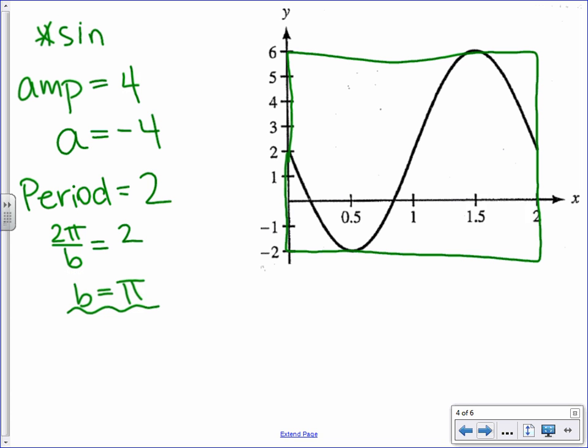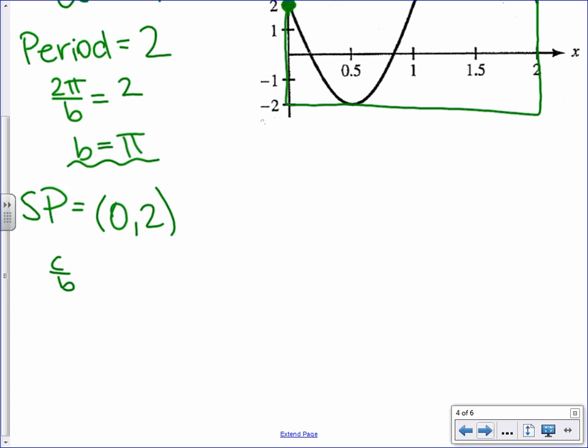Now our starting point. Here's where we start drawing our frame. What is that coordinate? 0, 2. Okay? Since x is 0, we don't have to worry about c divided by b. If c divided by b is 0, then obviously c is 0.